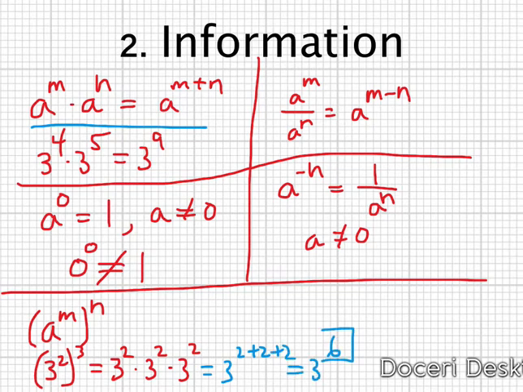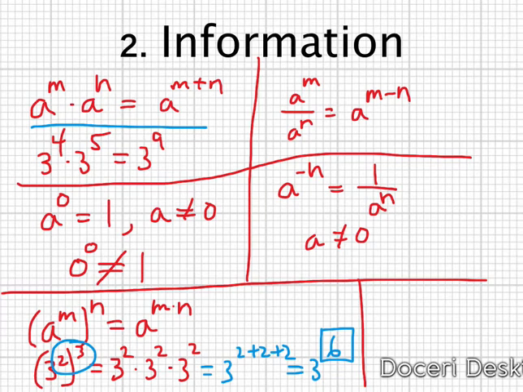Well, let's compare this with these. How do I get 6 from 2 and 3? We multiply. So that means my property is a to the m times n. Oh, that looks funky.